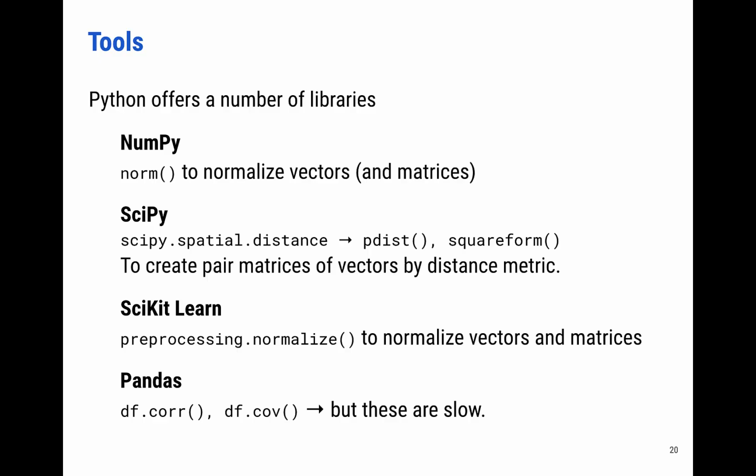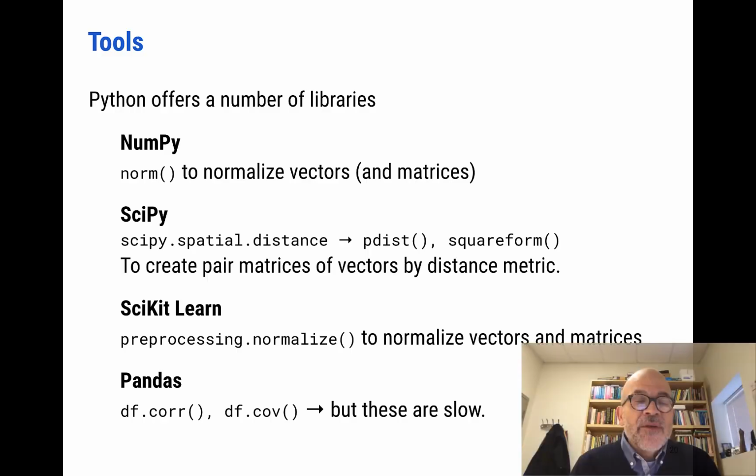Now, pandas also has some convenience functions like the correlation and the covariance function, which are 2 statistical ways of determining similarity between vectors, which we haven't gone into. But these, in my experience, are pretty slow. And we'll typically be using the SciPy spatial distance library to compute pairwise distances among vectors in vector space.